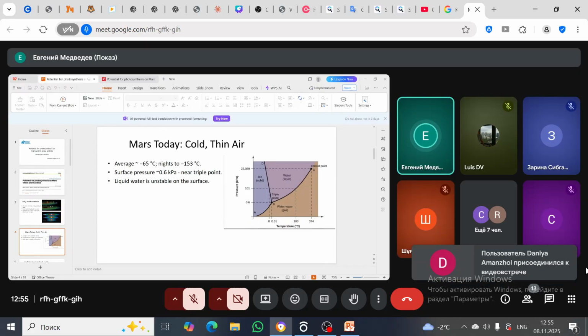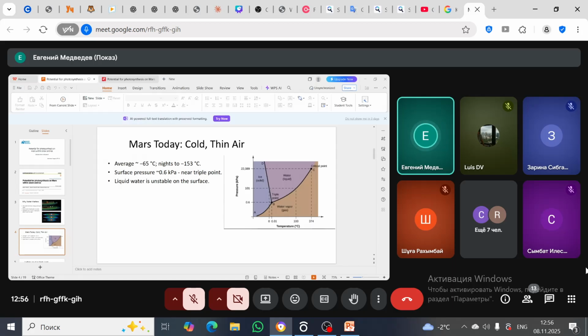But we also need to talk about the atmosphere of Mars, and the pressure is about 0.6 kilopascal, and this is near the water triple point. So on the surface, liquid water is unstable, so it goes from ice to vapor with this pressure.